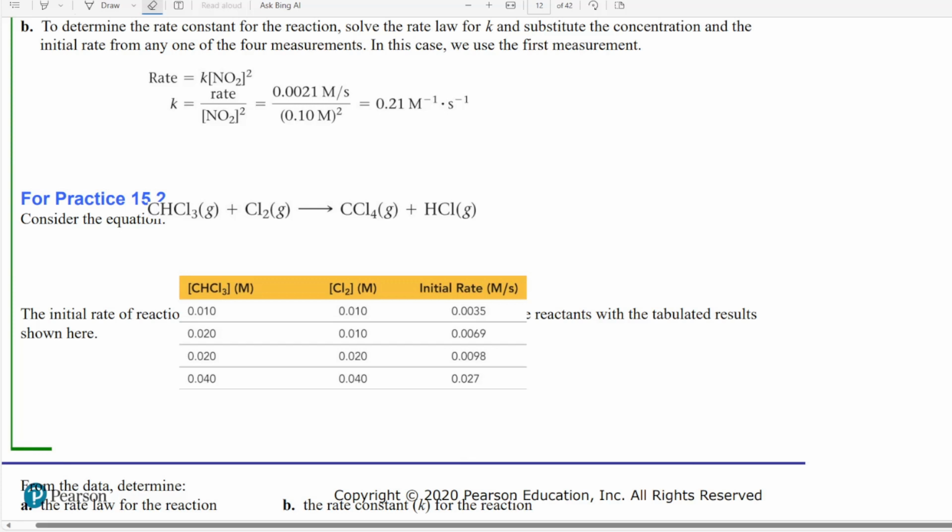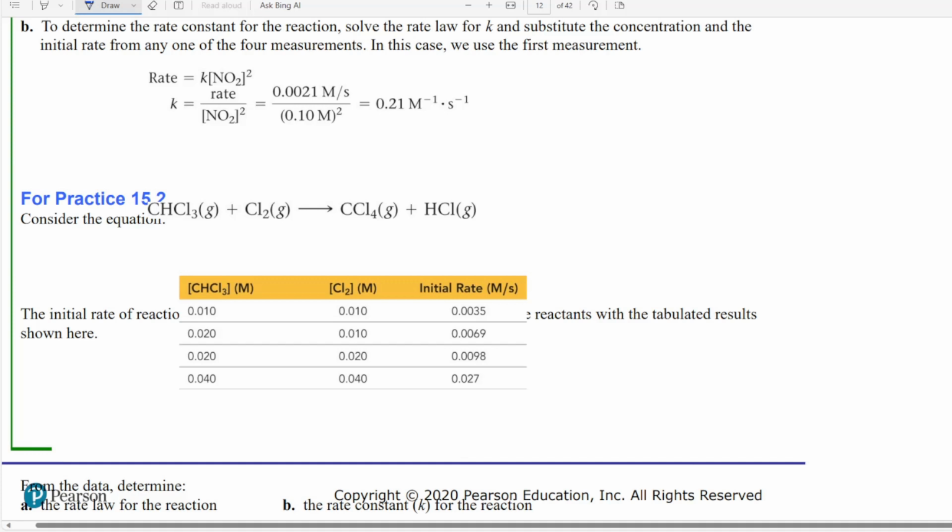We see here for chloroform, if we double the concentration, we double the rate. So we can assume that we're first order with respect to the chloroform. With respect to the chlorine gas, we have an unusual situation.